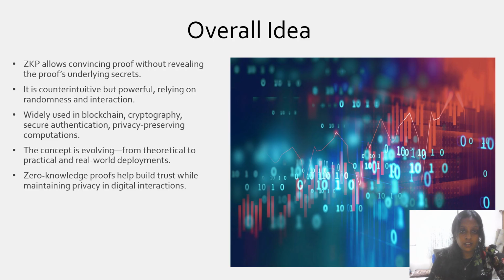Yes, it sounds counterintuitive or weird because it uses randomness or a probabilistic approach, and it also involves interaction between the sender and the receiver, or in this case the prover and the verifier, unlike classical proofs wherein only the sender is necessary for proving the proof or for encrypting the document.